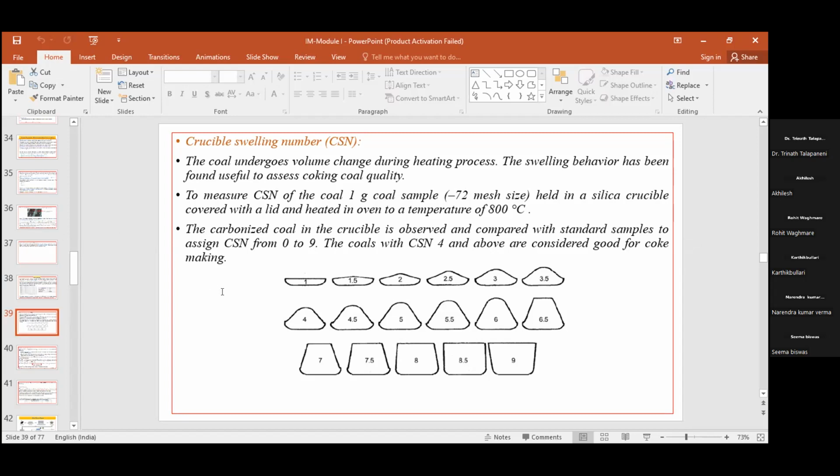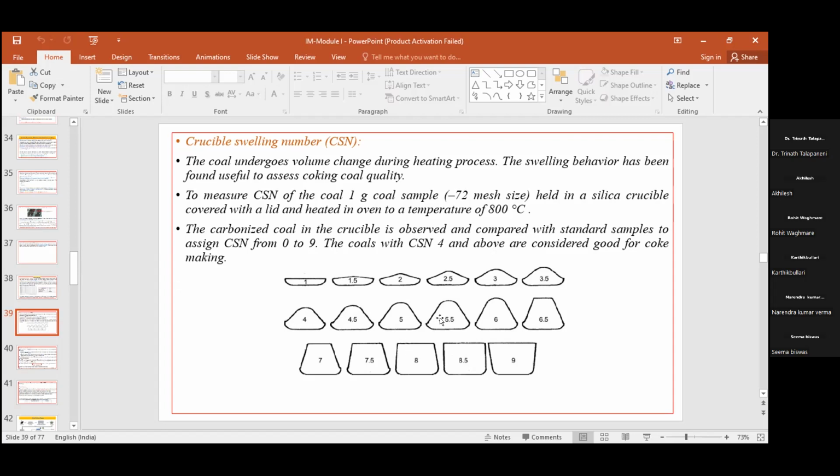And after that, we can observe the behavior of the coal with the standard chart. This is a standard chart. The coals which have good swelling nature will have a swelling number ranging from minimum 4.